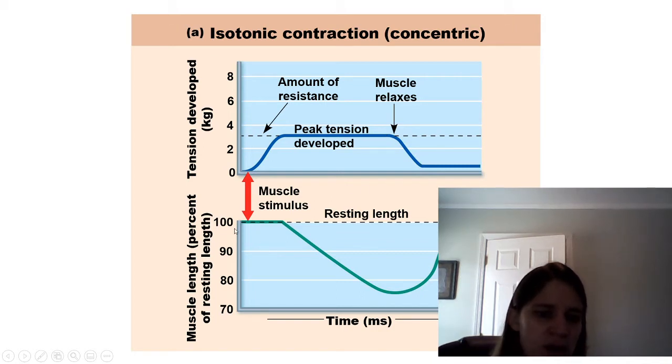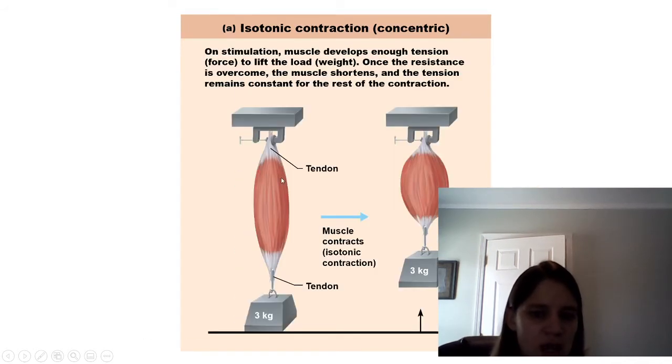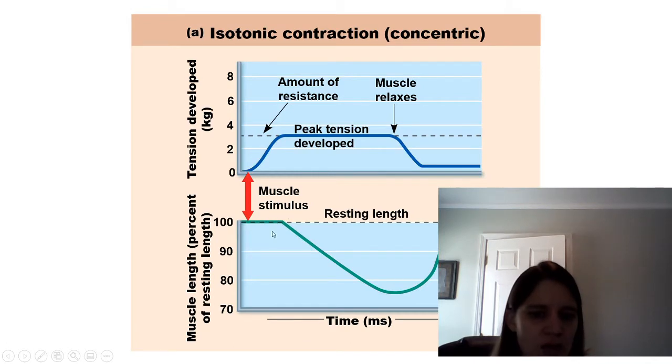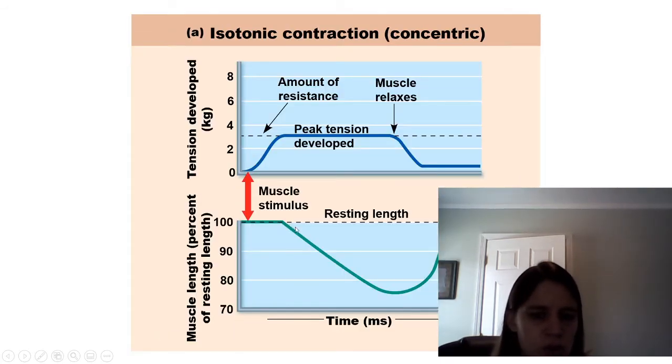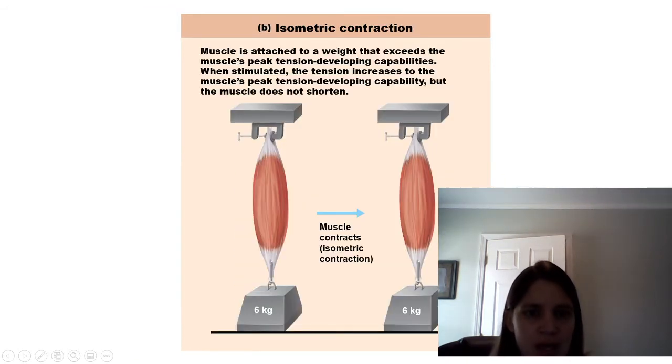And here we're looking at the muscle length. So right here, it's 100% of its length, right? As the weight is applied and the muscle tries to lift that weight back up, as it contracts, the muscle shortens, and then when it relaxes, it goes back to its complete length, right?